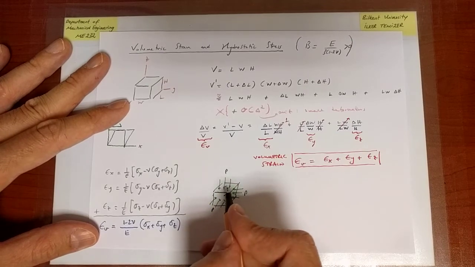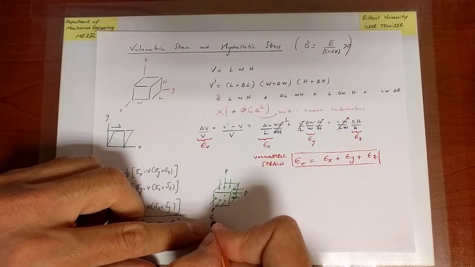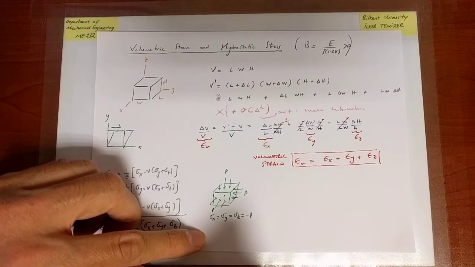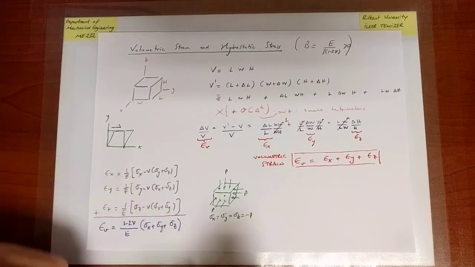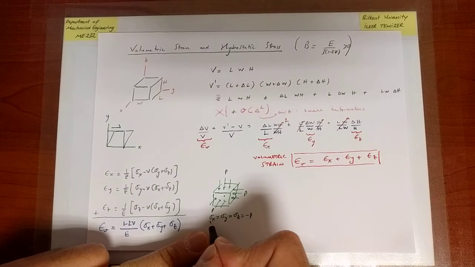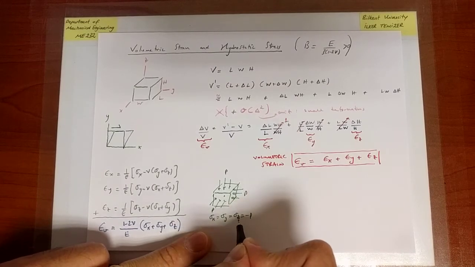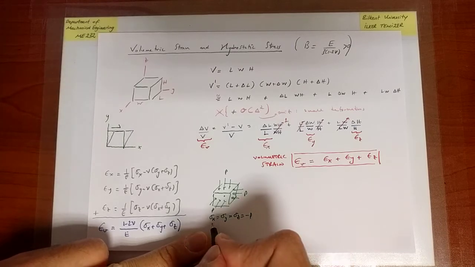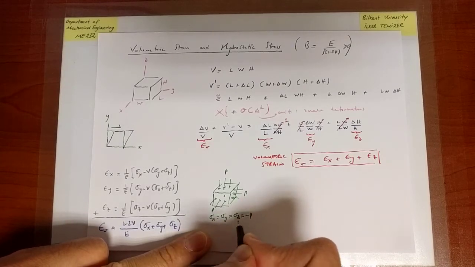No. So it's roughly the same pressure overall, sitting there in still water. So now, in this case, sigma x is equal to sigma y is equal to sigma z is equal to minus P. And therefore, sigma x plus y plus z is equal to minus P times 3.